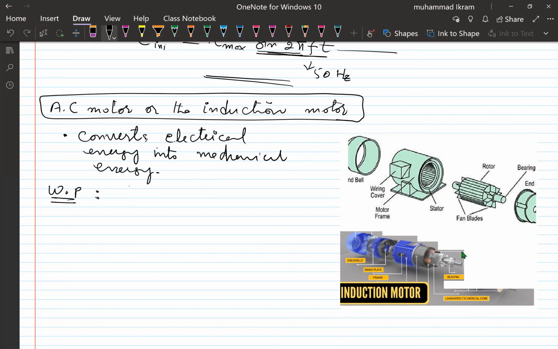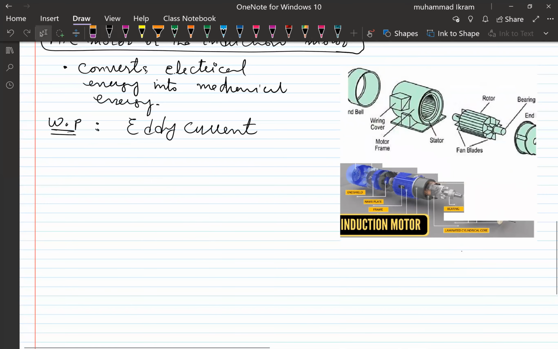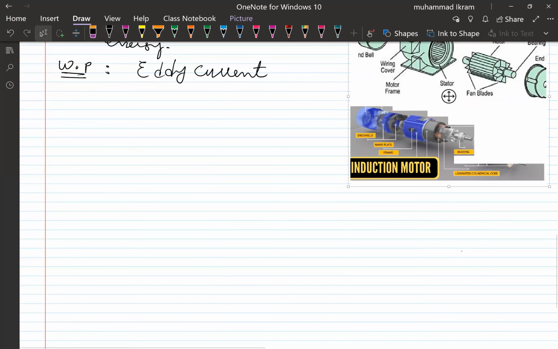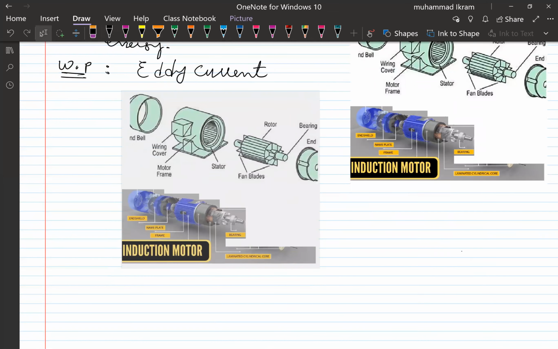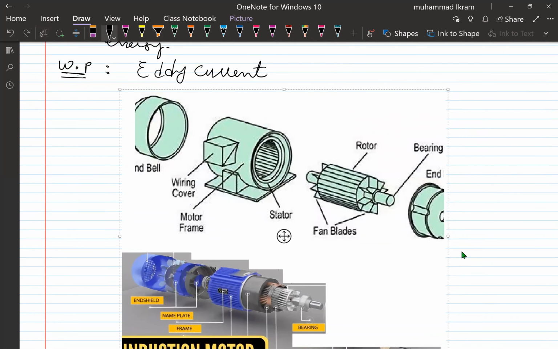The induced current in one coil may cause the rotor to run, right? Look, how it happens, I'm coming to that point right now. You will see here in this way.